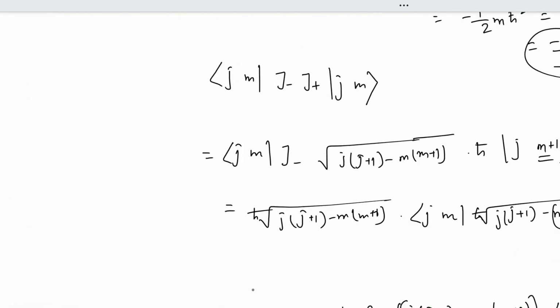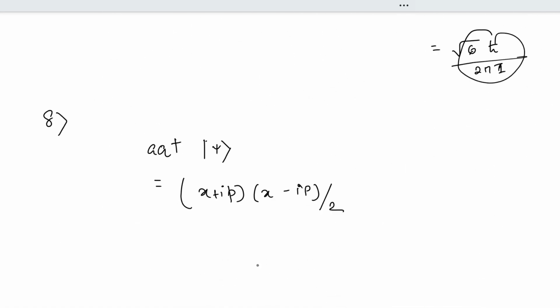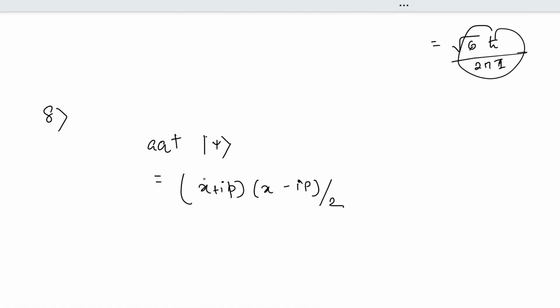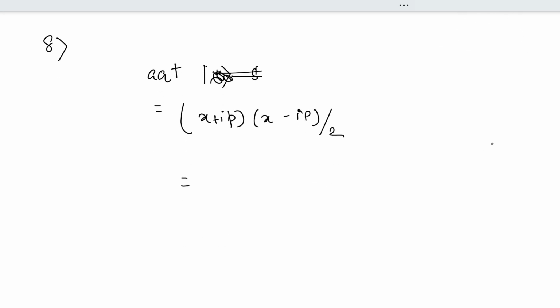So this is what you are obtaining from the expressions given.